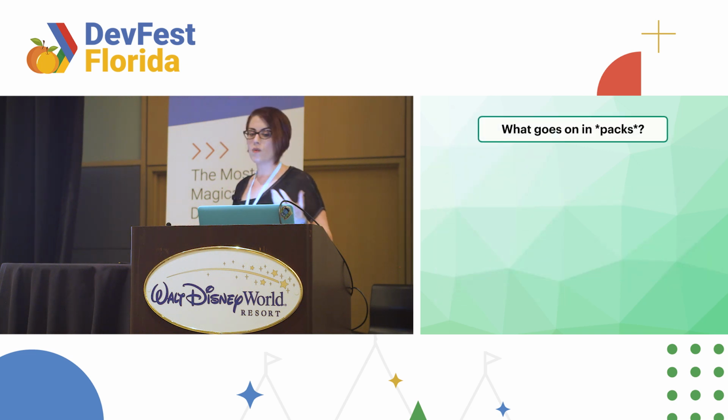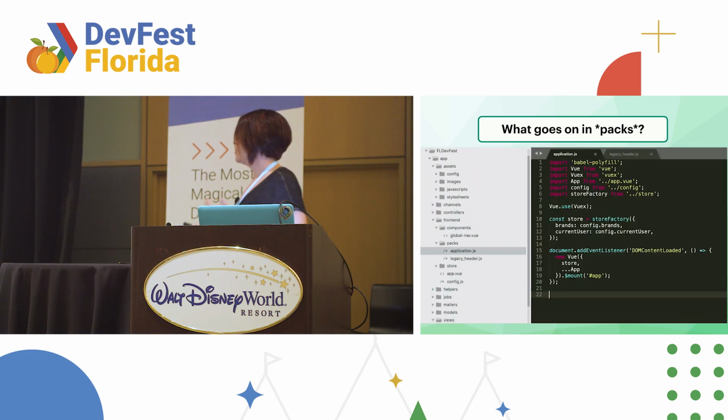And then let's look at what goes on in packs, like what happens. So when we use Webpacker in this Rails app, we are giving the ability to use ES6 flavored JavaScript imports into the parent directory front end. This won't affect anything outside of the front end directory. Everything has to be inside this front end. So first we have standard library imports.